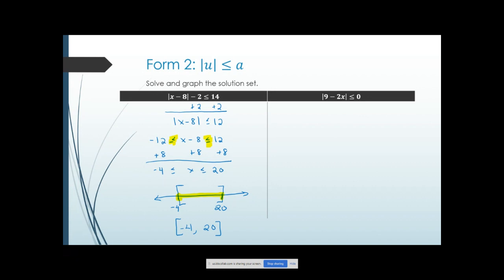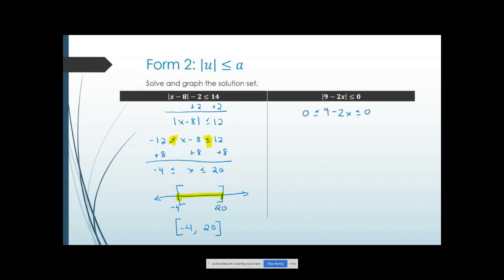Now the second example here, this is a special type of thing because we have an absolute value less than or equal to 0. So 0 doesn't have a positive or a negative version. So we would not need to create a compound inequality. We can just ignore essentially the absolute values, and then basically you would set it up because -0 is the same as +0.